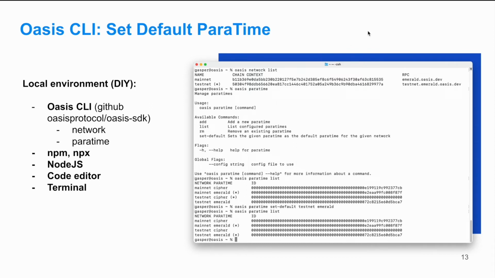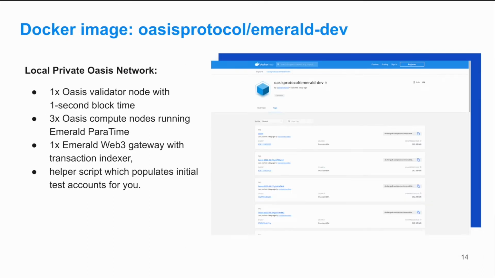If that's too much, if you want to start quicker than that, we have a very convenient way, and there is a Docker image for you. You can go to Docker Hub and search for Emerald-dev. You can download the latest Docker image, which essentially will spin up a local Oasis stack.